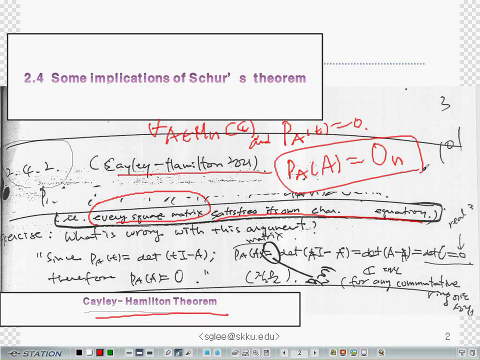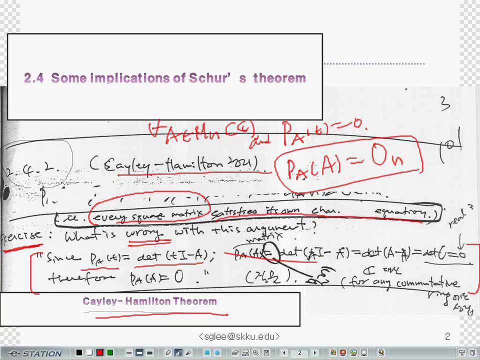Okay. The first exercise on this is to find the flaw in the reasoning of the following statement. Here is the proof that you may see. Since p_A(t) is the characteristic polynomial of A, it can be written in this way.